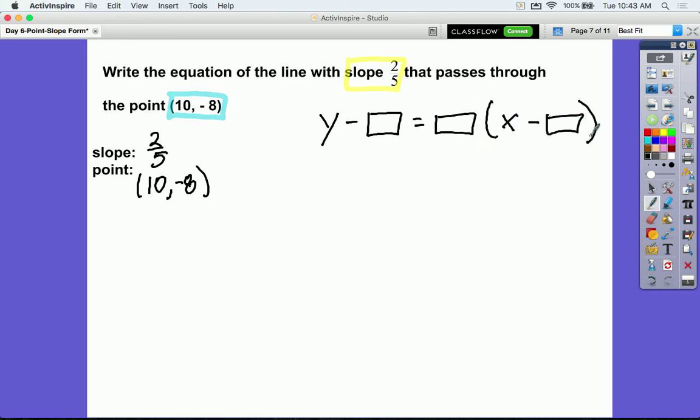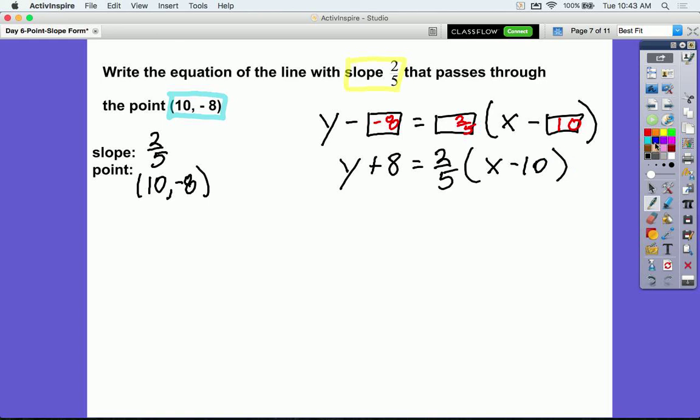And I don't know that you guys are always going to need to do this whole blank thing. You're probably eventually, and probably actually very soon, going to just be able to fill in your values. I know that my slope is 2/5. I know that my y value there is a -8, and my x value here is a 10. And so when I write this in, I've got y plus 8 is equal to 2/5 times the quantity of x minus 10. And I'm going to leave it just like that, because now my equation is in point-slope form.